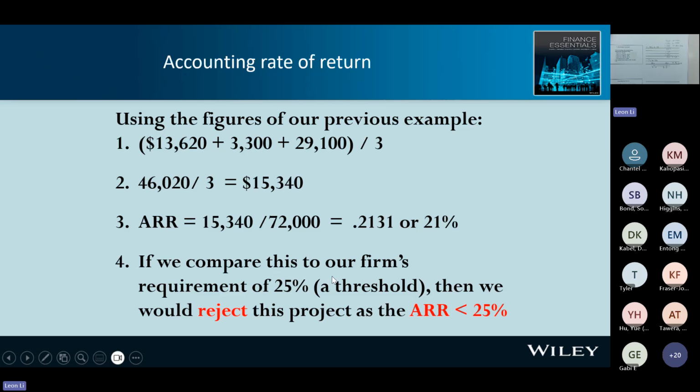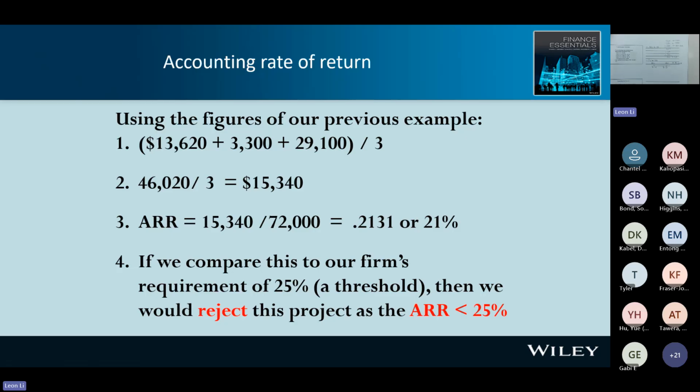For example, the firm has a requirement of 25% as a threshold, right? And in this project, its ARR is 21%, lower than 25%. So we reject the project. All right. So this is the ARR method.